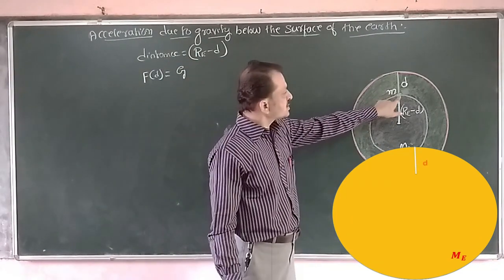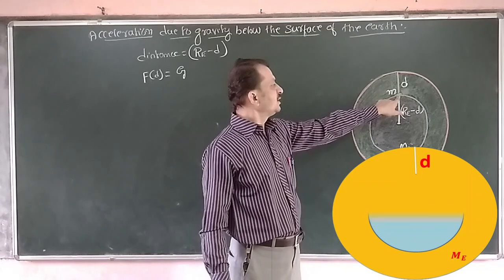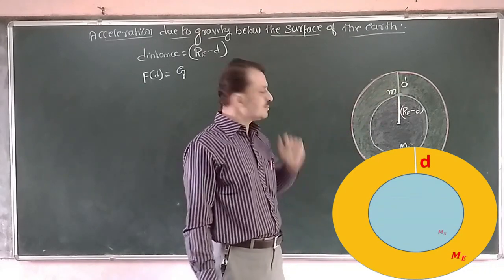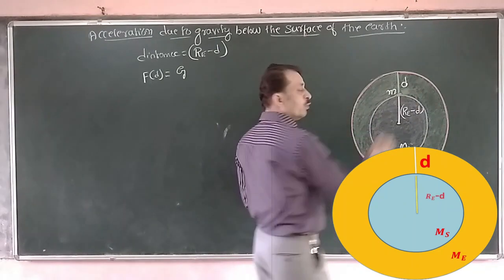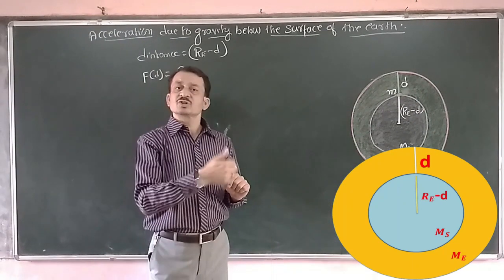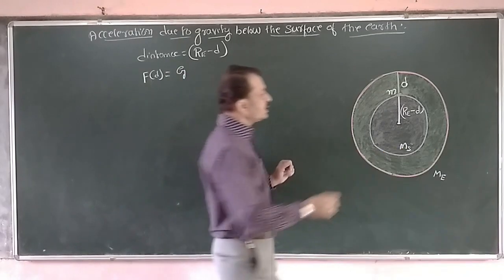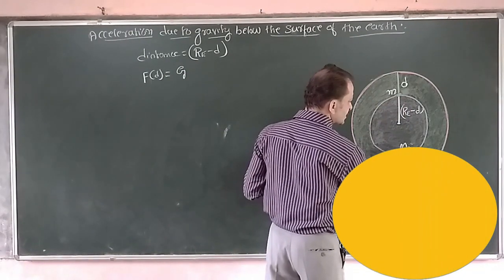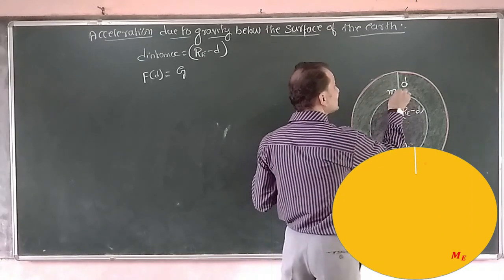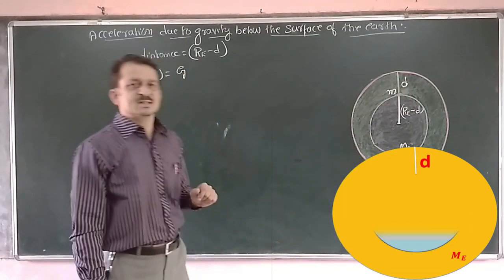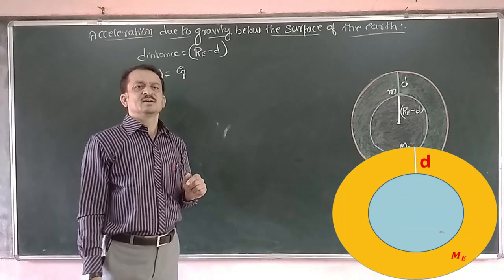Since the point mass is inside the earth, the outer shell will not contribute to the gravitational force. Only this inner sphere mass that we have represented as Ms is going to attract this point mass, that we have studied in previous classes.